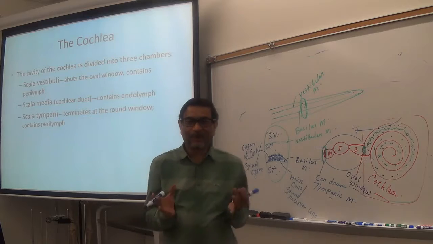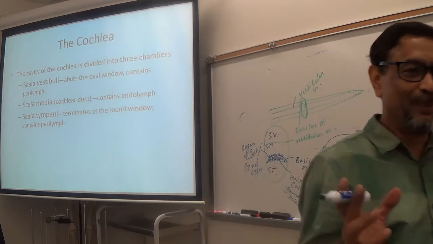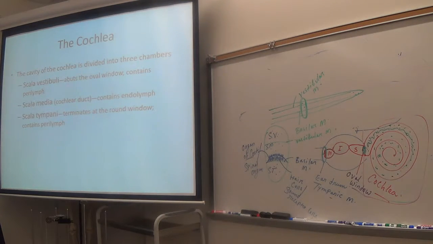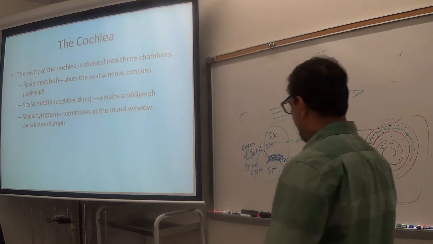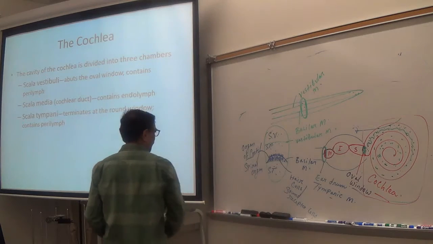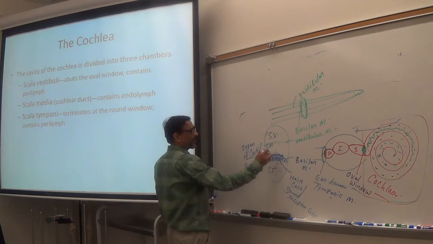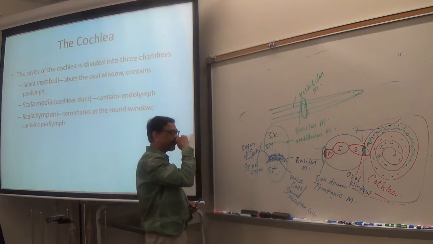Now we got it, right? We got the treasure where the most important structures are located. Is it clear? The hair cells are located inside the spiral organ, or organ of Corti, which rests on the basilar membrane inside the cochlea. Very good.